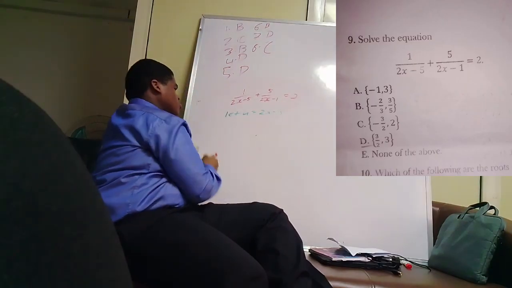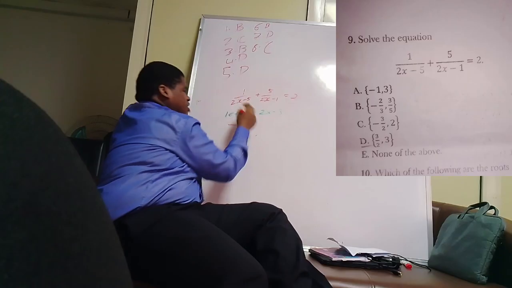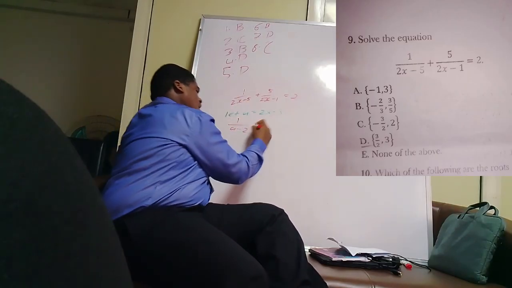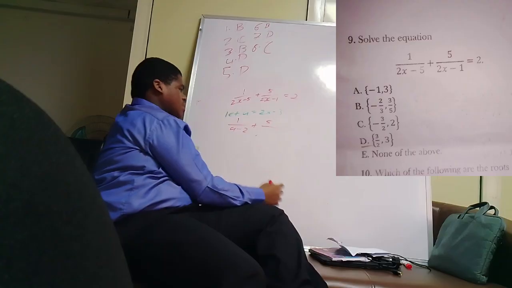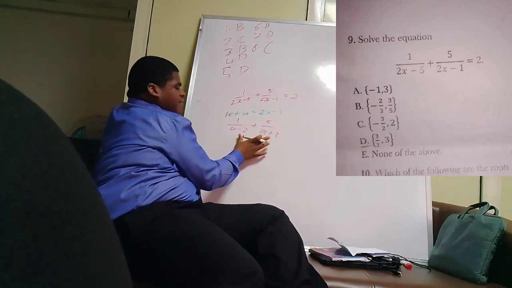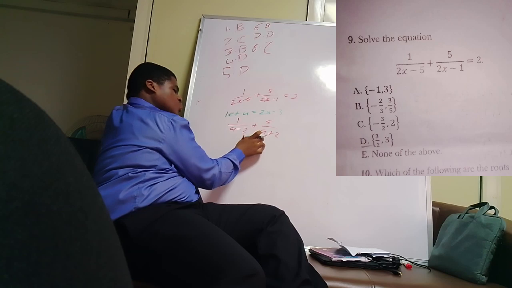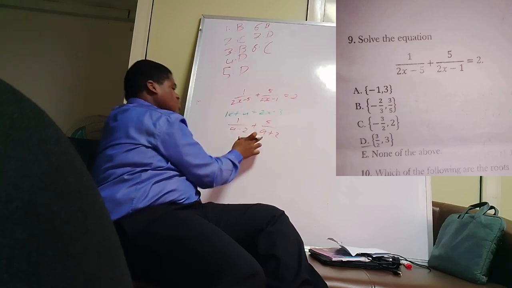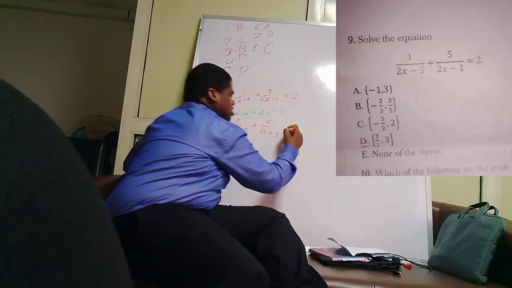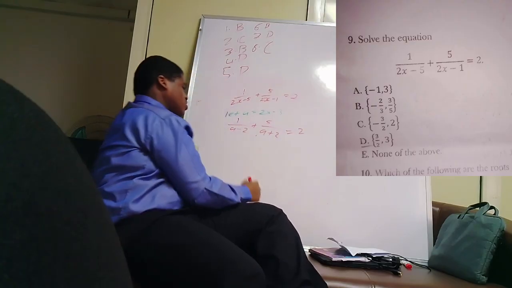If a equals 2x minus 3, then 2x minus 5 will become a minus 2, and 2x minus 1 will become a plus 2. In this sense now, we have the difference of two squares, which will be easier to expand than all this. The difference of two squares will be a square minus 4, which is easier. So that is the method I'm going to use in solving this question.